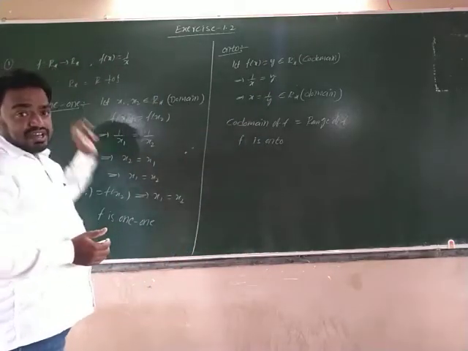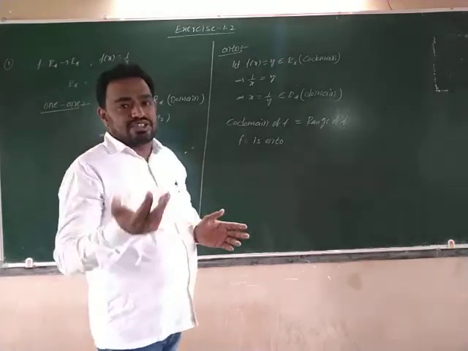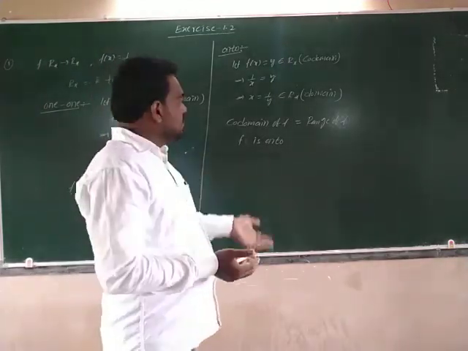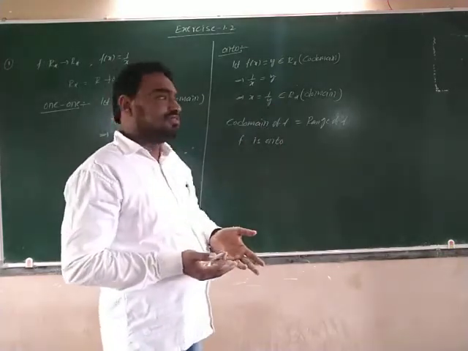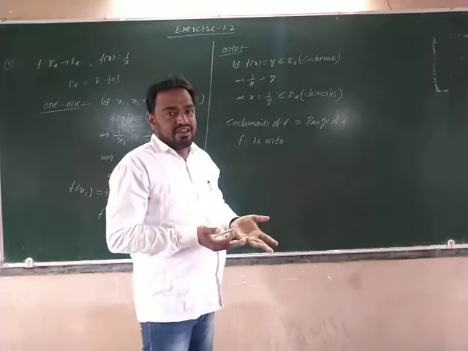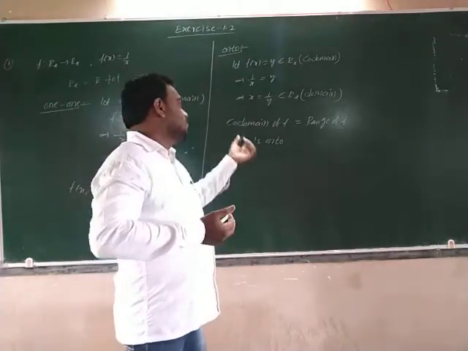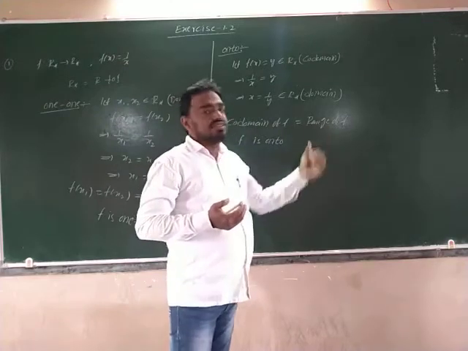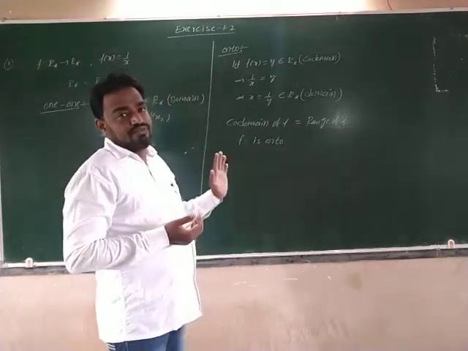R star is nothing but non-zero real numbers, which means 1 by y is always a non-zero real number. So 1 by y exists. That means every element has a pre-image, so the codomain is equal to the range. Therefore, f is onto. This is the proof.